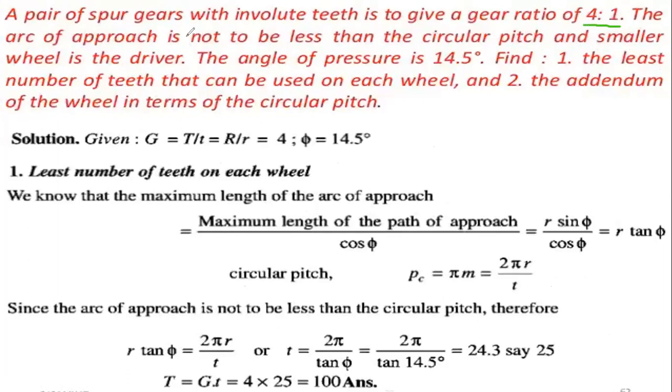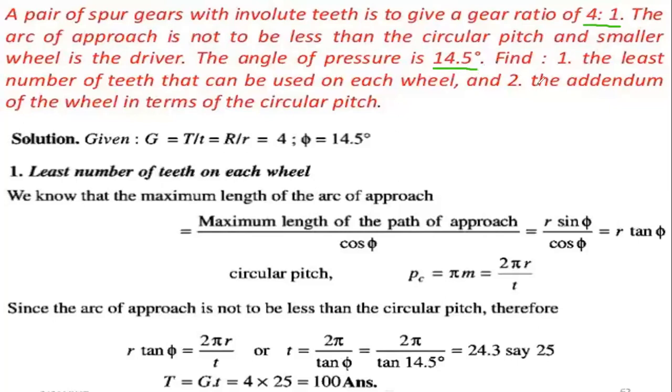Then the arc of approach is not to be less than the circular pitch, and the smaller wheel is the driver. So it is to be taken as the smaller wheel is the driver, and the pressure angle is 14.5 degrees.